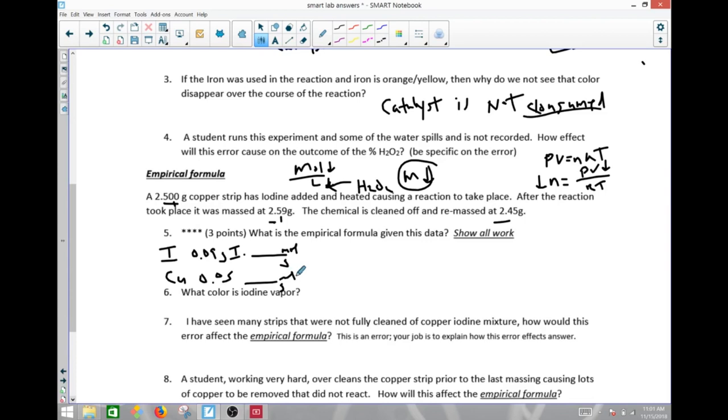Grab a periodic table. Molecular weight for iodine is going to be 126.9. All right, so we got 126.9 to 1. And then this one here is 1 mole of copper is equivalent to 63.5.